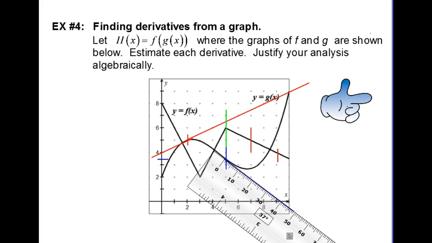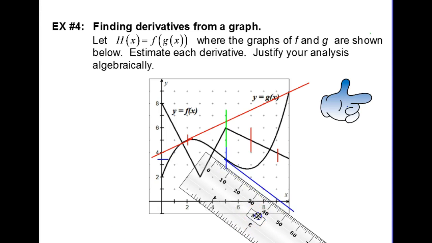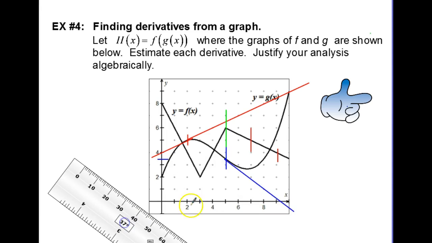Alright. That looks pretty good. So we have this (5, 3.5), and it looks like we're very close to this (7, 2). So let's use that.